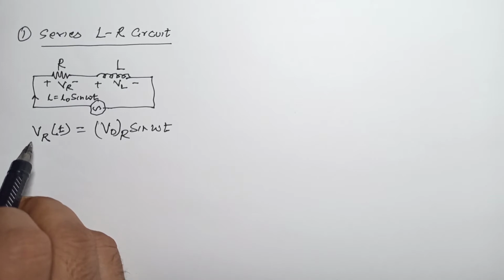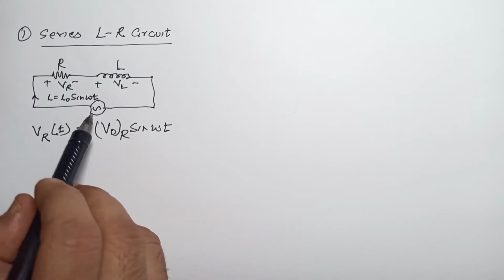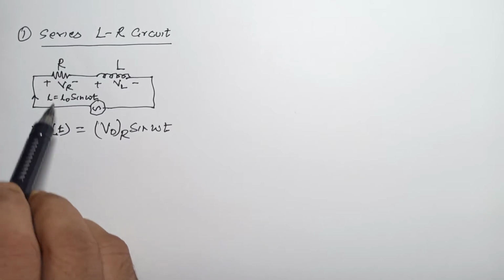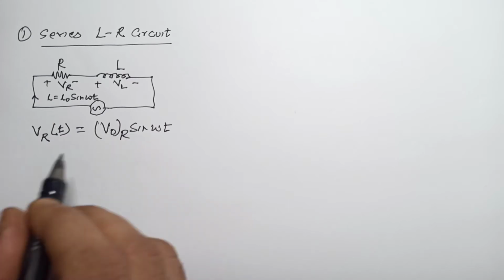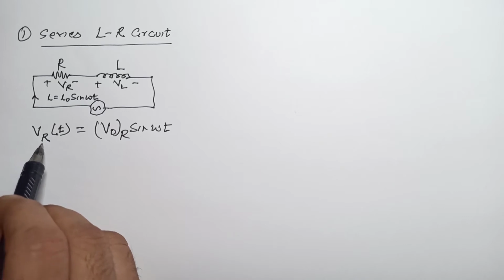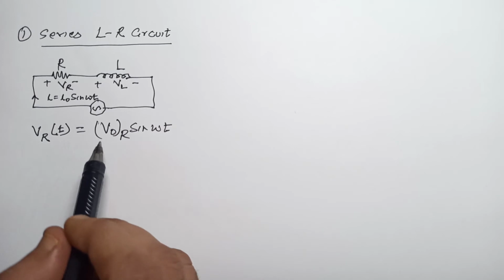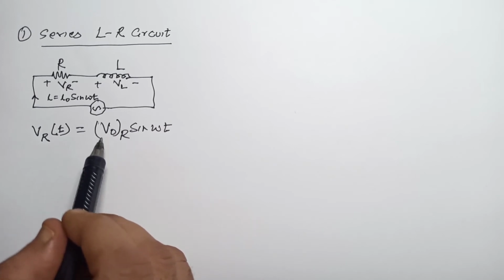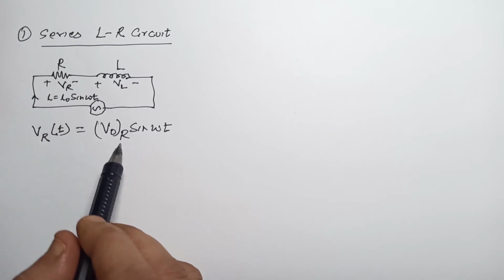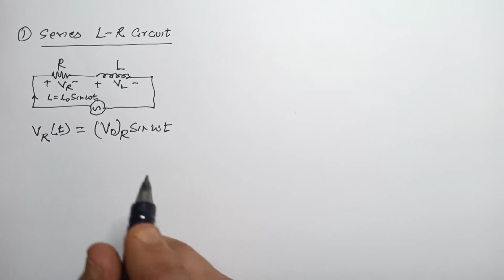Because we are talking about a resistor, and the resistance and the current are both in the same phase. We know it, we have studied it, so we can write it this way. So let me repeat: the potential difference across the resistor as a function of time is equal to V naught R, which is the max voltage of the resistor, into sine omega t, correct.